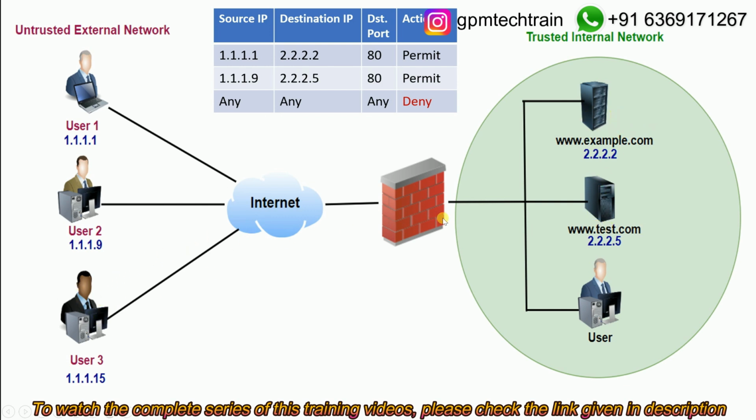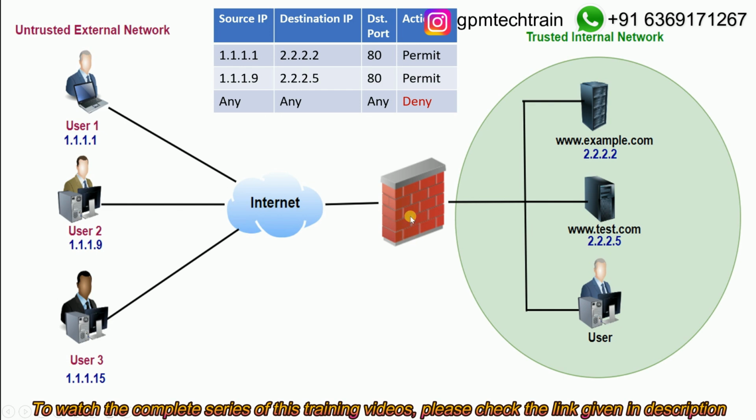When his request comes to the firewall, it looks at the security policy. There is no permit rule explicitly for his IP address. As this IP does not match these 2 rules, this request hits the third condition, which is set to deny. So that's what happens, it gets denied.